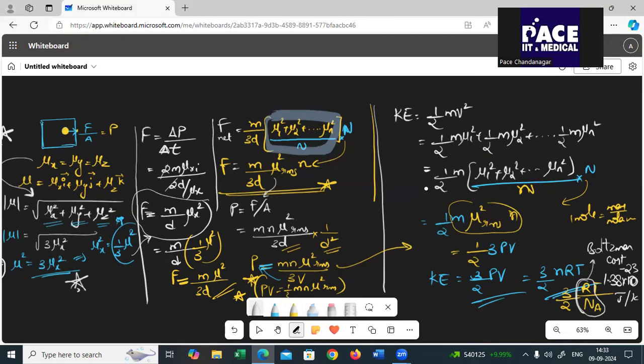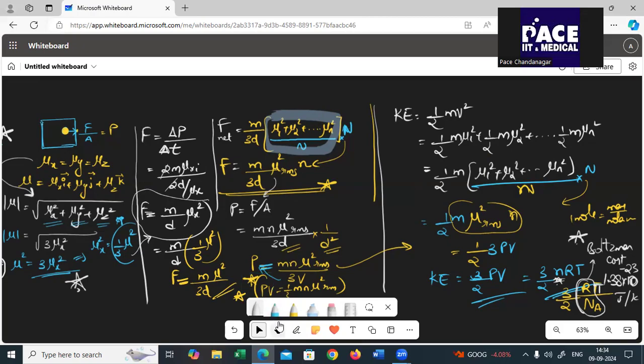Okay, so R by Na, this is for n molecules, right? If I am talking about the total molecules there, so this is RT by Na. This is for one particular molecule if you divide it with Avogadro's number. R by Na is your Boltzmann constant, which is 1.38 times 10 to the power minus 23. Write it as neat as possible.